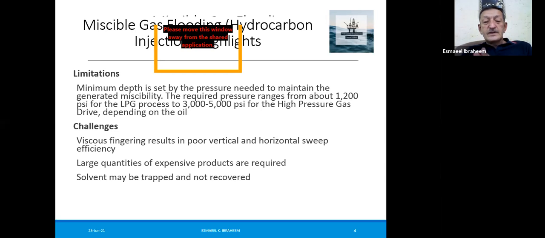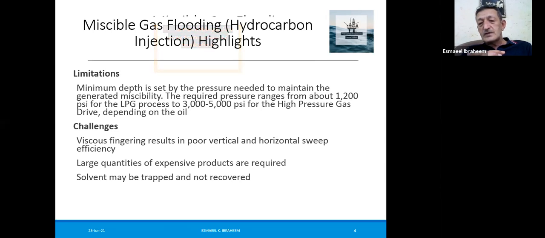Large quantities of expensive products are required. Solvent may be trapped and not recovered. Sometimes the solvent that we inject with the hydrocarbon gas will stay in the reservoir and be trapped.